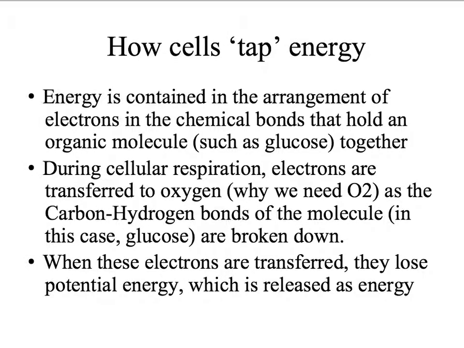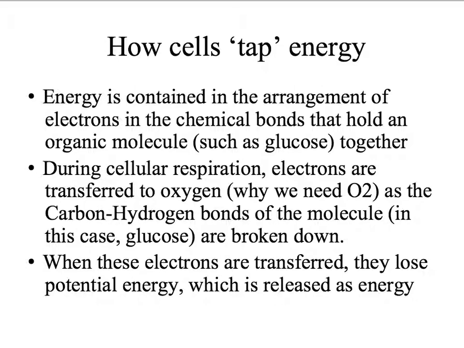So how do we as organisms and other cells convert these calories from food into energy that the body can use? So we tap into this energy because, a reminder from chapter 2.4, energy is contained in an arrangement of electrons and chemical bonds. So the bonds are the key.